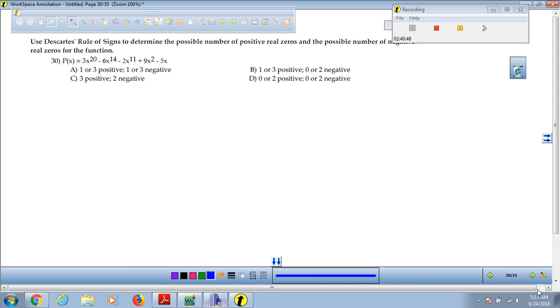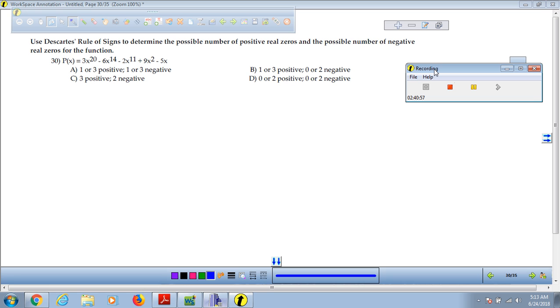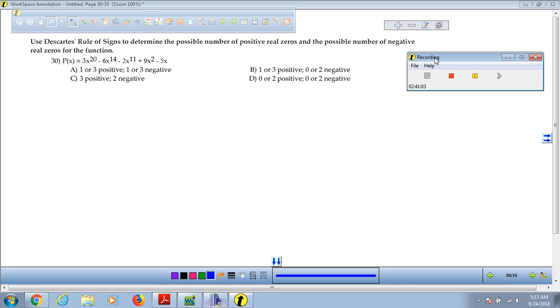Use Descartes' rule of signs to determine the possible number of positive real zeros and the possible number of negative real zeros of the function.